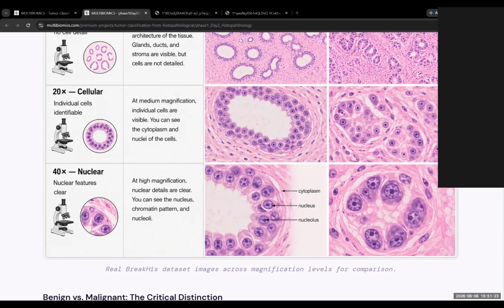What we found in BreakHis, I'll break it to you now. It is like 100x, 200x, and 400x. The most poor performance by the model was at 400x and 40x, and the most optimal magnification for BreakHis was 100x.